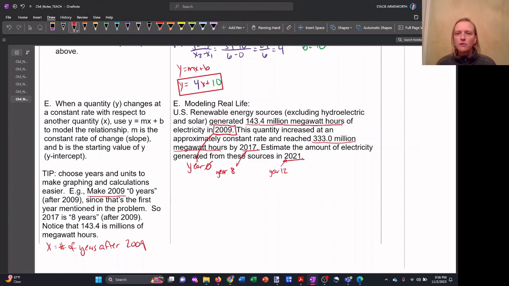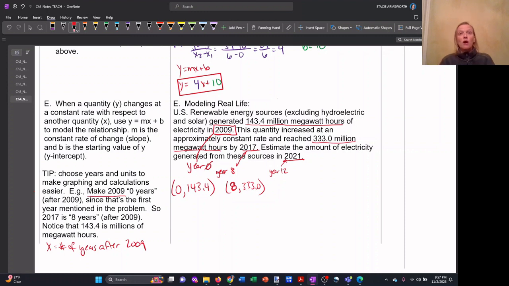So, based off of this information, I now have points on the graph. If I start at year 0, the energy generated was 143.4 million. And then when I got to 2017, which was year 8, I had a value of 333 million.